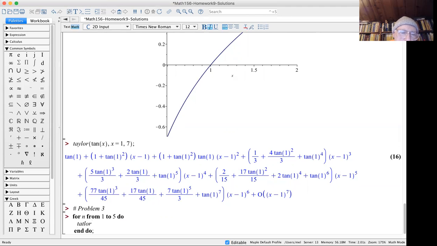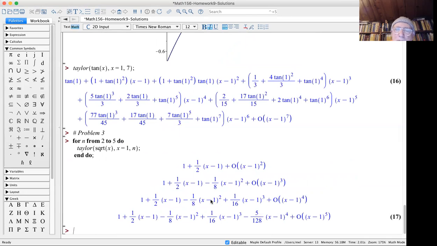So compute the Taylor polynomial of what function? Square root of x centered at x equal 1 of degree n. Start at 2. So I have these polynomials.